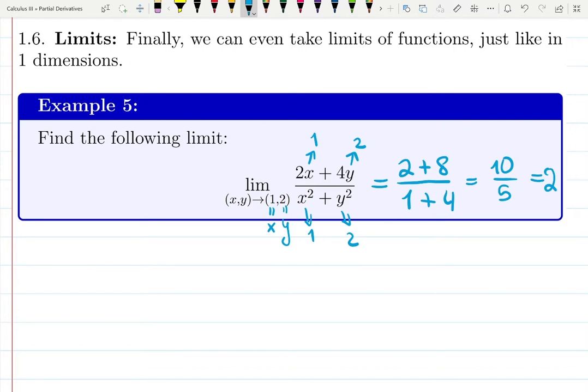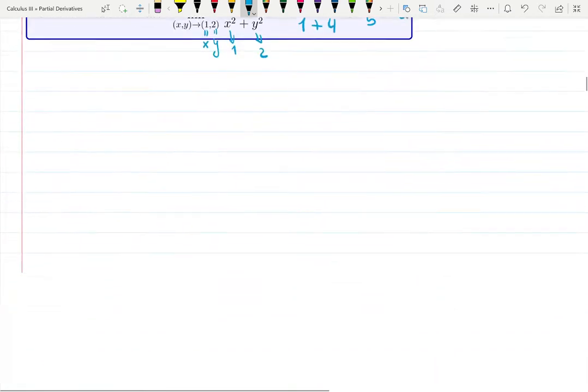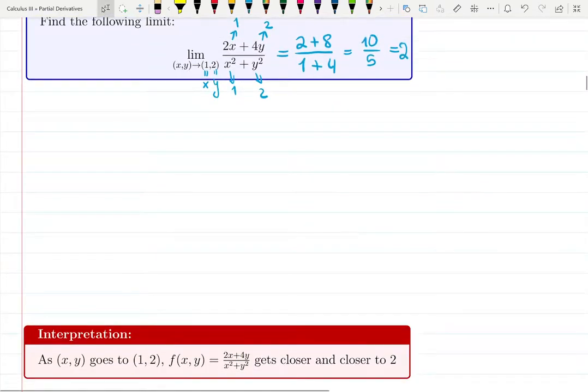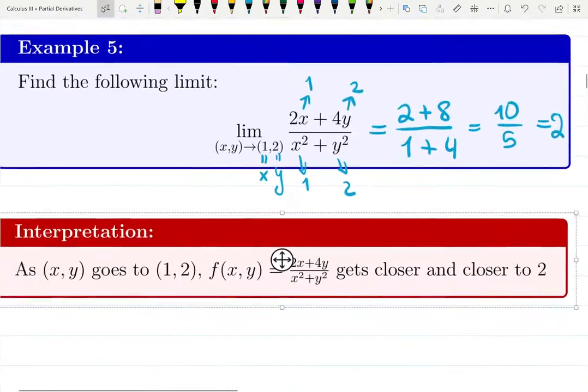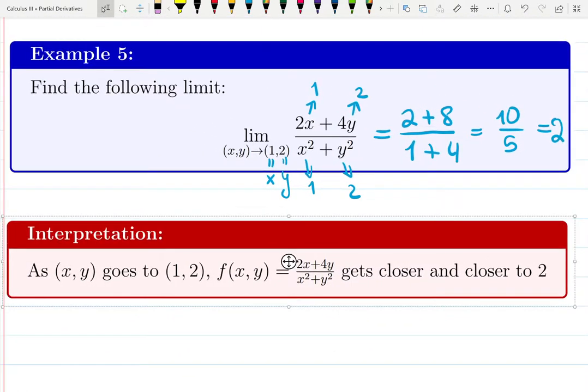So the interpretation of limits used to be: when x approaches something, y approaches something. In this case, it's a little bit different. When x and y both approach something, f of x comma y approaches something else. So interesting, 2 inputs, 1 output for limits.